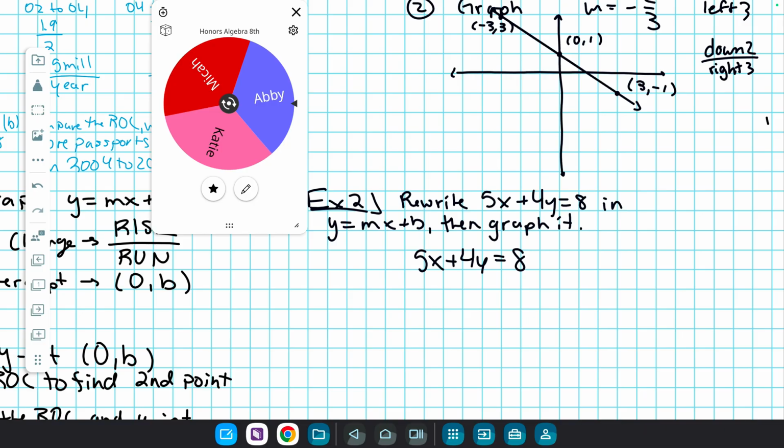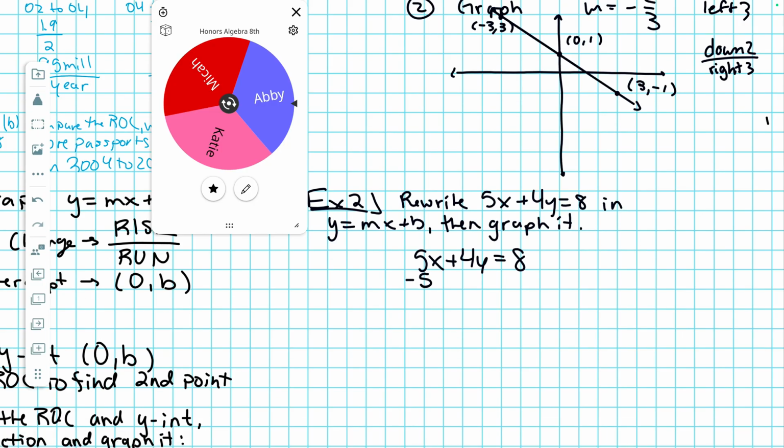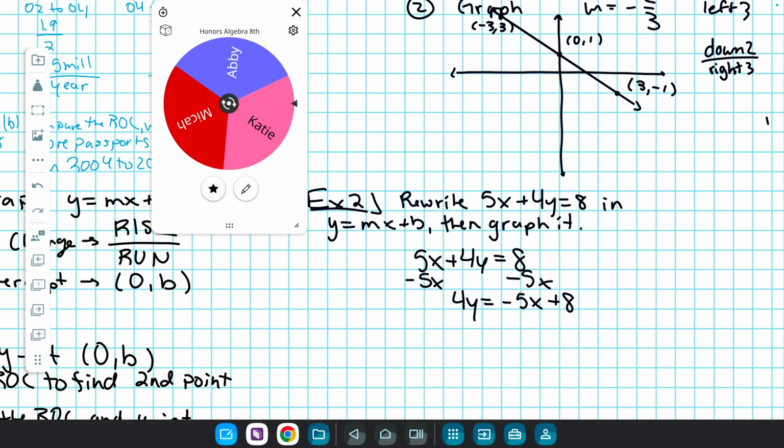Subtract 5x. Okay. Abby, what is going to be my next step? Divide by 4.